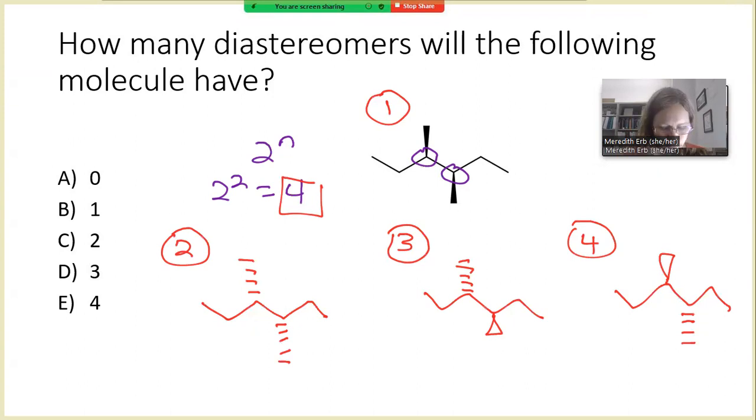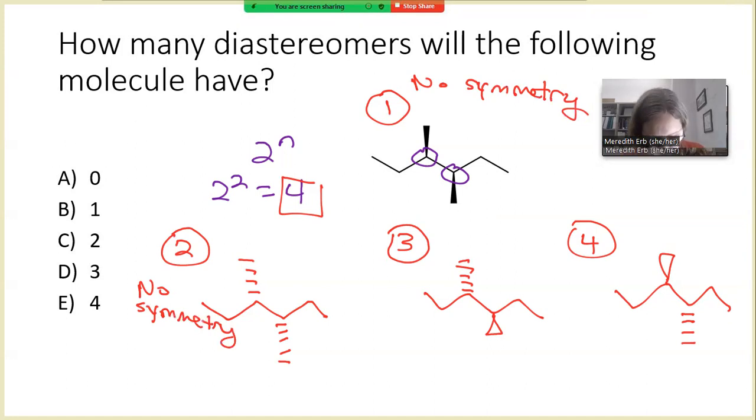So let's take a look at our molecules. Molecule 1 has no symmetry. We're mostly looking for planes of symmetry in these examples. Molecule 2 also has no symmetry. We can also prove that to ourselves. If we want to, we could rotate this single bond between those 2 chiral centers and think about what these molecules might look like if the 2 ethyl groups are going to be on the same face as each other.